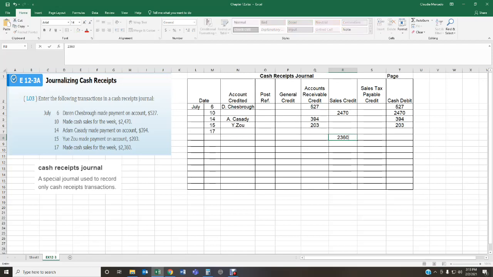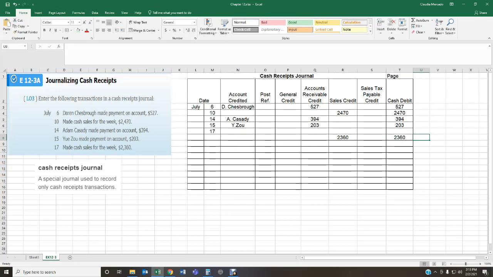And that was for $23.60. Okay. So we made cash sales for the week. Now we're going to deposit those in the bank. So that becomes a debit to cash. Okay. So here we have cash being debited for the business. Our cash is increasing by $23.60. Okay. So we collected some money.